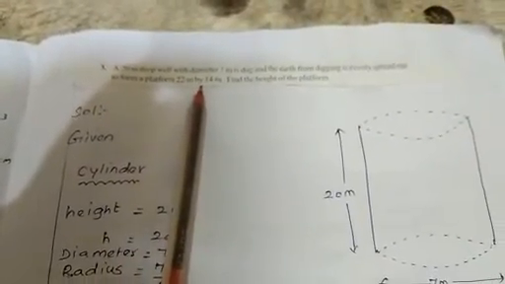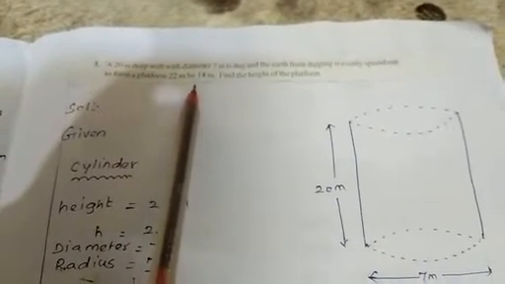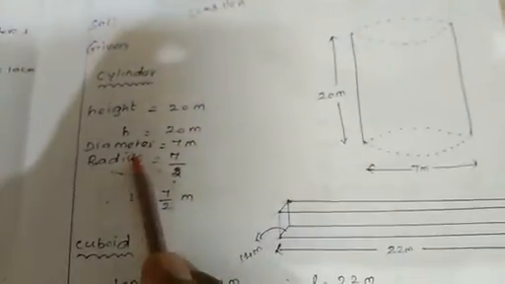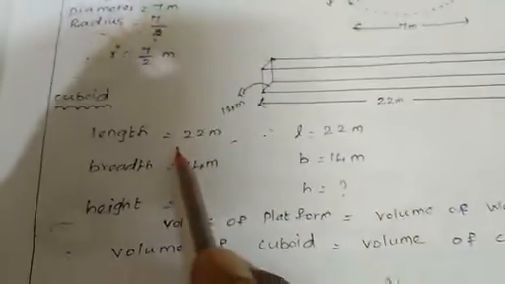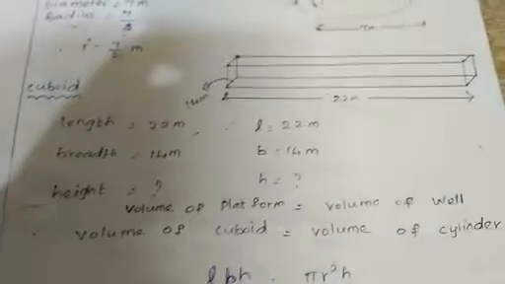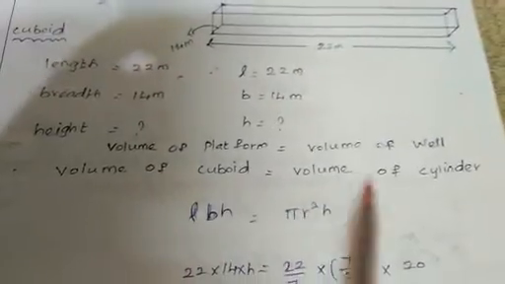By means of the product, L into B into H. Now the cylinder height is 20 meter, diameter 7 meter means radius 7 by 2 meter, and for the cuboid we are going to consider length 22 meter, breadth 14 meter, and the height we need to find. So the volume of the platform is nothing but the volume of the well. So volume of cuboid is volume of cylinder.